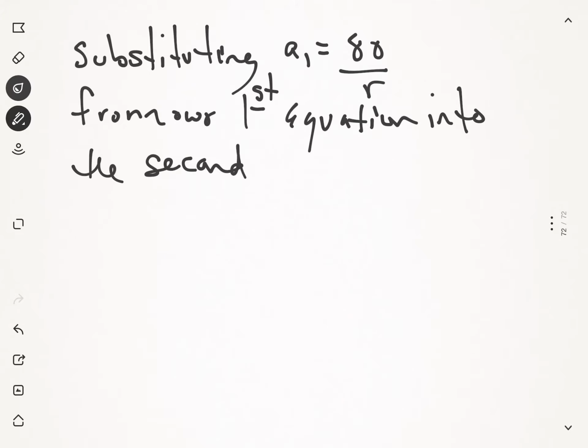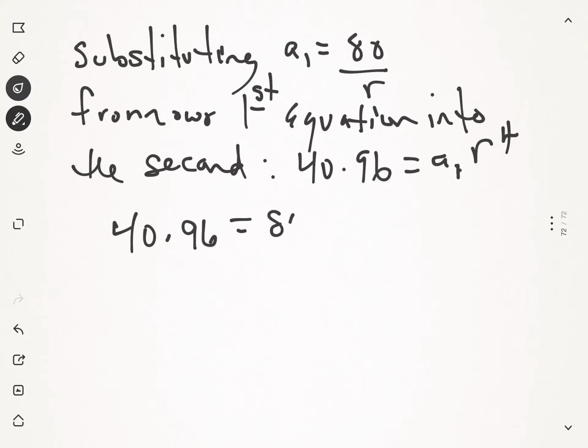40.96 equals a1 r to the 4th. So we get 40.96 equals 80 over r times r to the 4th.